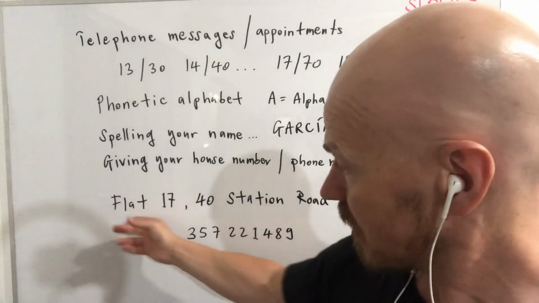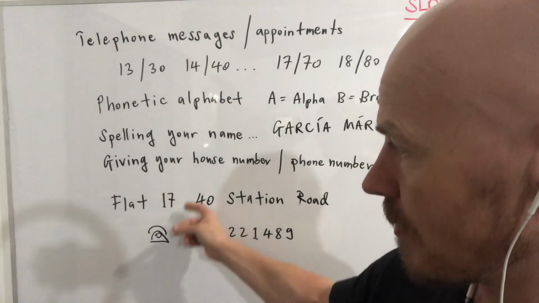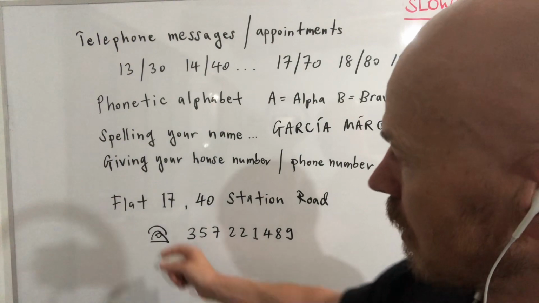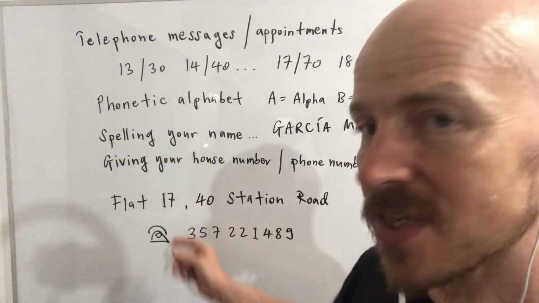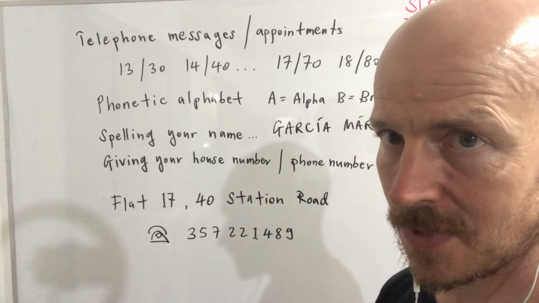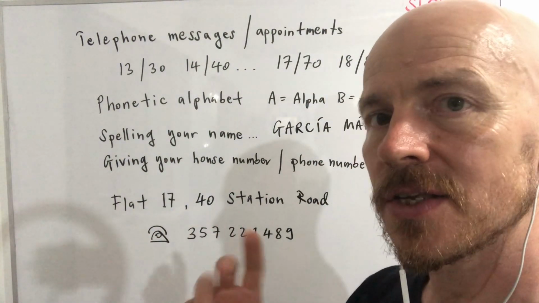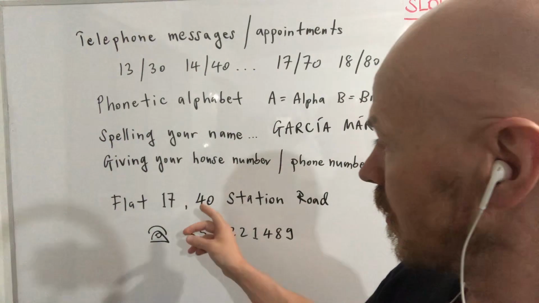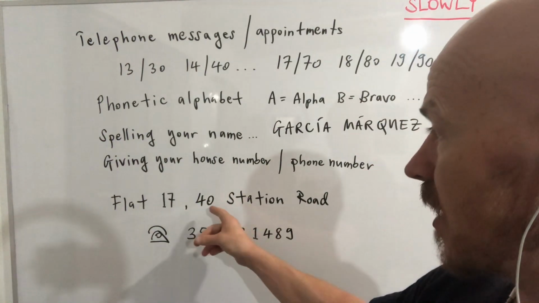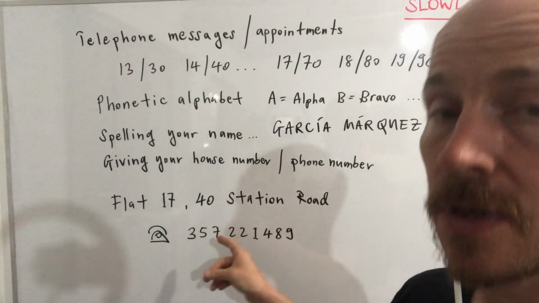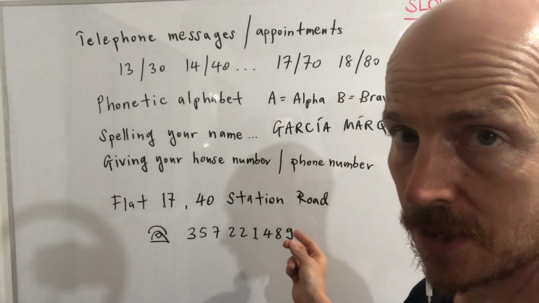So the trick with this, if you have to give particularly numbers, give them as digits. So I would say it as it is, so flat 17, 1, 7. Number 40, 40 Station Road. Yeah?